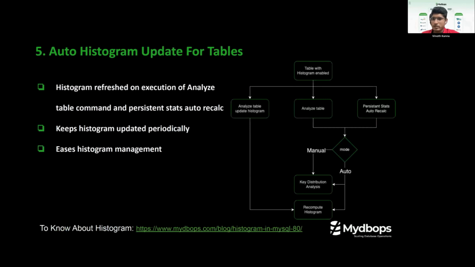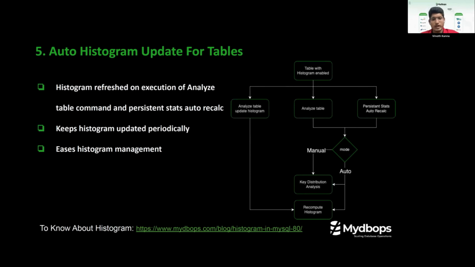And the next feature that I'm going to talk about is the auto histogram update for tables. Okay, a quick introduction to histograms. To talk about histograms, I need to slightly touch upon the MySQL optimizer. So when you execute a query, first it goes to the optimizer, then it checks the statistics.